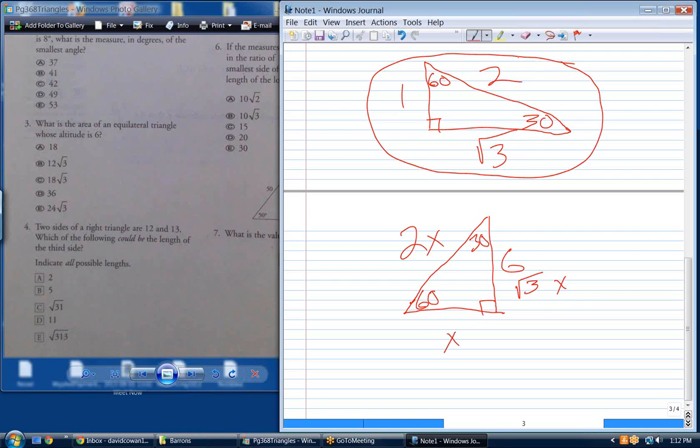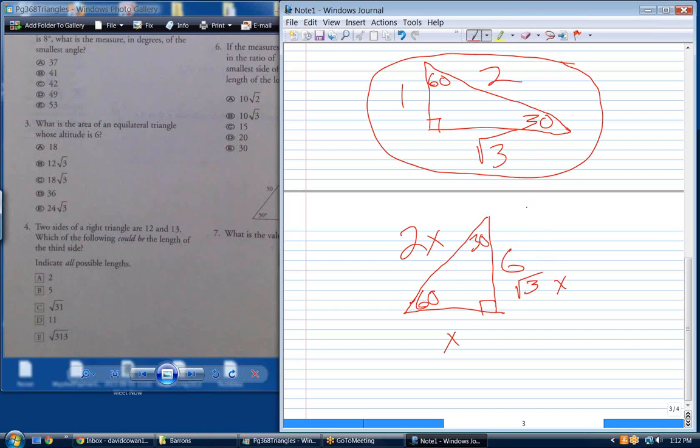In other words, any multiple of these. These could obviously be 10, 20, and square root of 3 times 10. So these don't have to be 1, square root of 3, and 2, but that's their proportion.